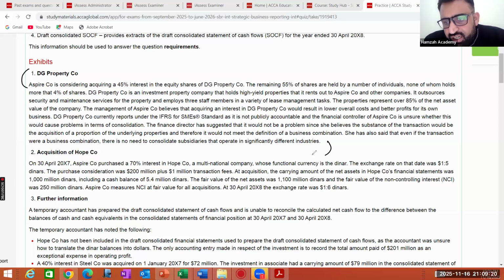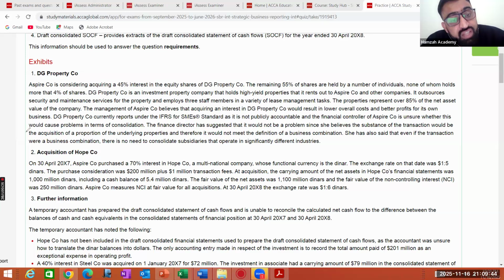He has also said that even if the transaction were a business combination, there is no need to consolidate the subsidiary as it operates in a different industry. Now, first of all, you need to establish whether it is a business or not. Let's say we establish that it's a business, then we need to establish whether we have a control.